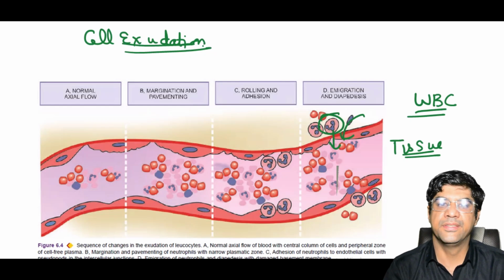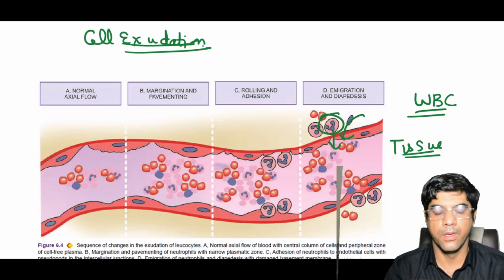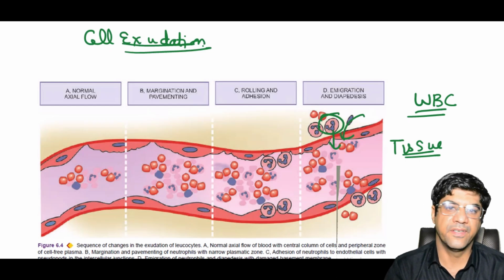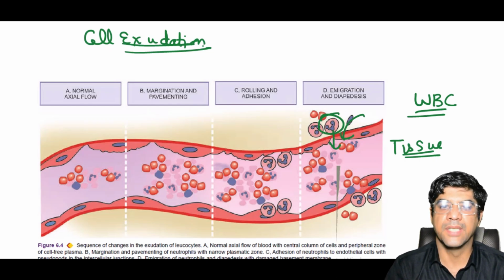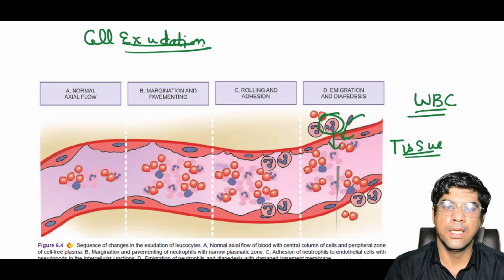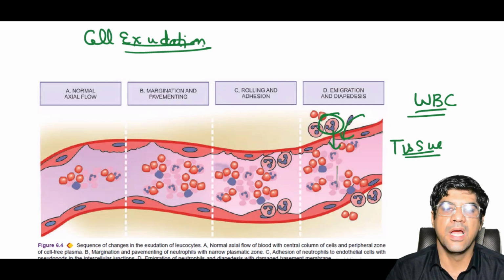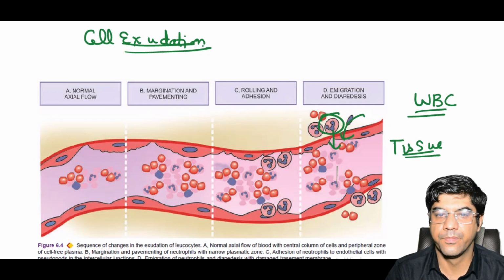The first type of leukocytes are the polymorphonuclear neutrophils. These are the first responders, like the superheroes of our immune system. Later come the monocytes and macrophages, which clean up the debris and continue the healing process.